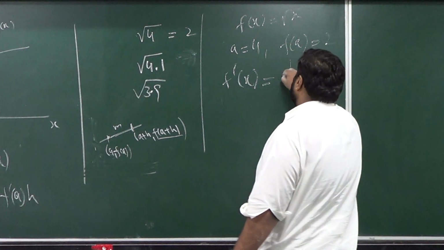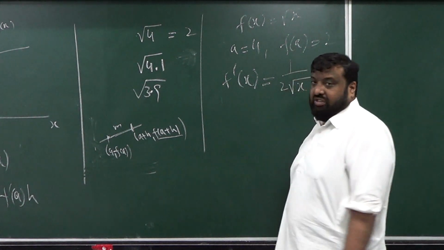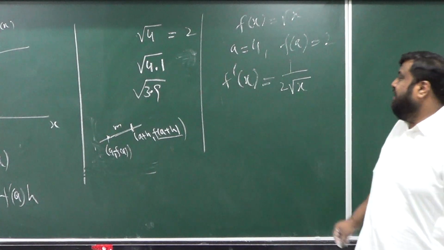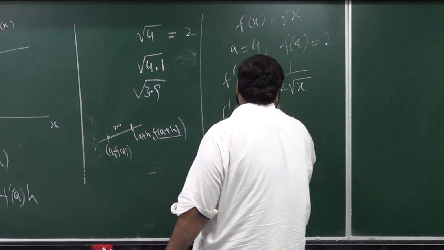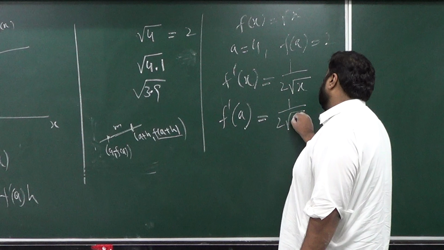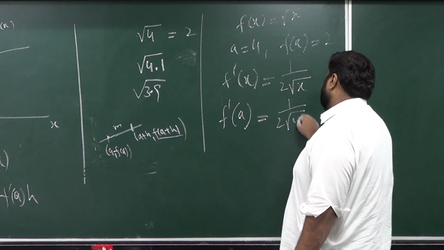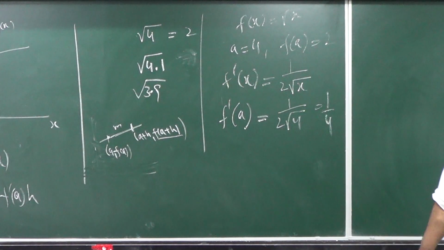It's going to be 1 over 2 square root of x. And f prime evaluated at a is going to be 1 over 2 square root of 4, so it's going to be 1/4.